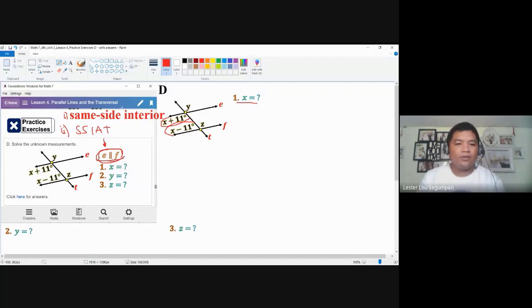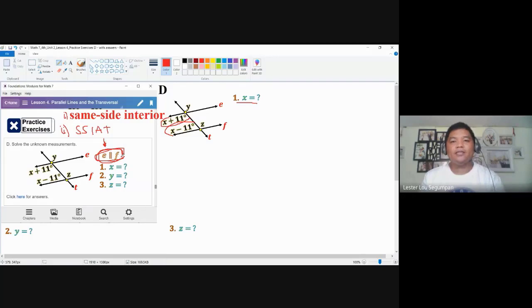But then again, we do have in the given here that the lines cut by the transversal line are parallel lines. So we could use the same side interior angle theorem, which tells us that if a transversal line cuts two parallel lines, the same side interior angles are supplementary.